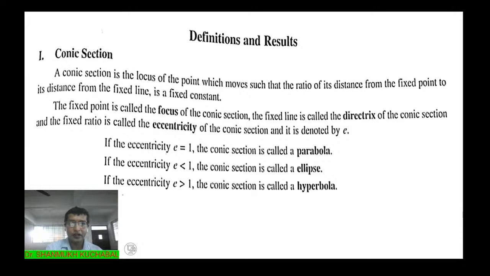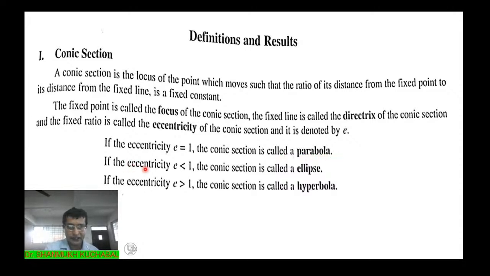So in a circle we come across the center. In this conic section we call it a focus. If the eccentricity is equal to 1, the geometry is called a parabola.